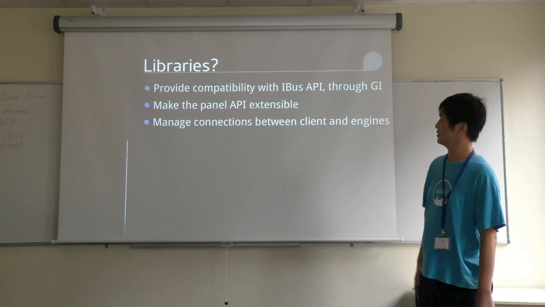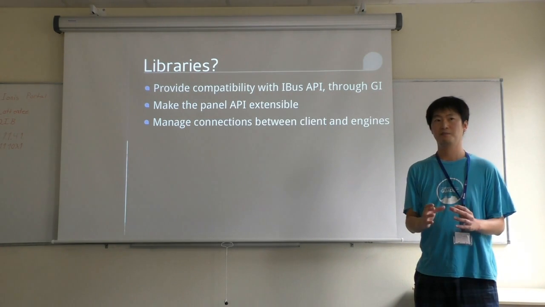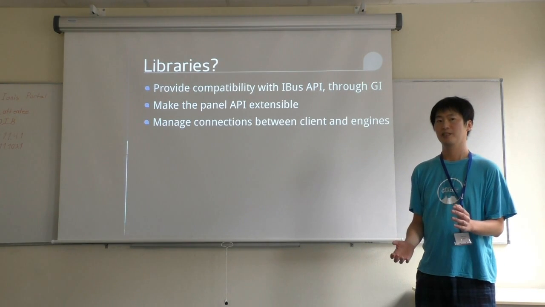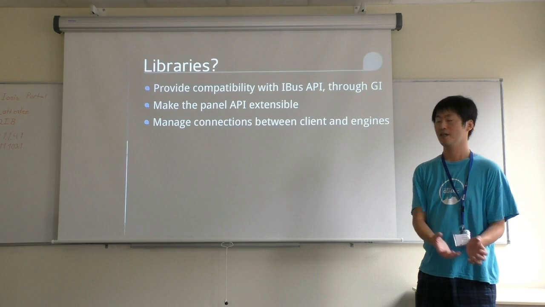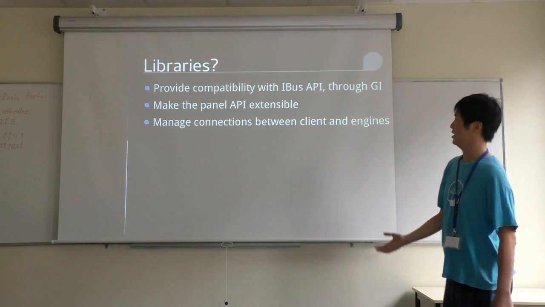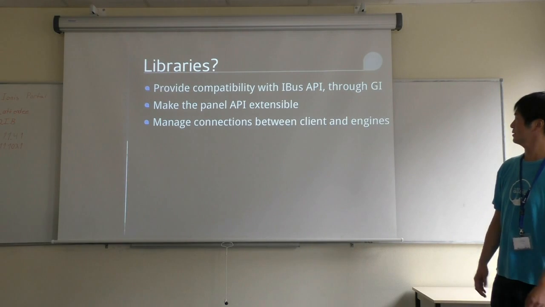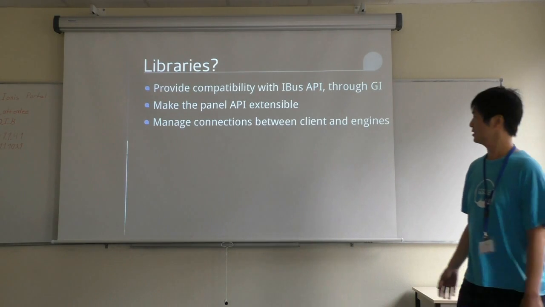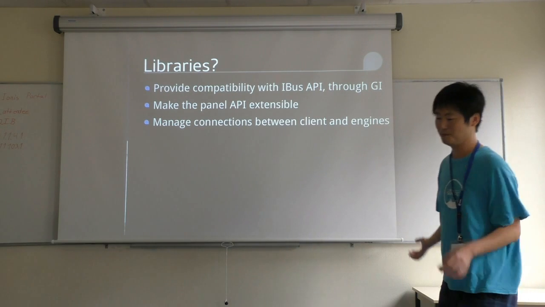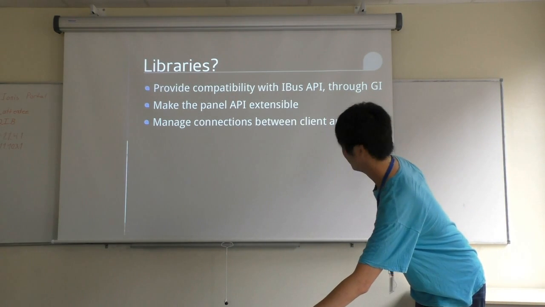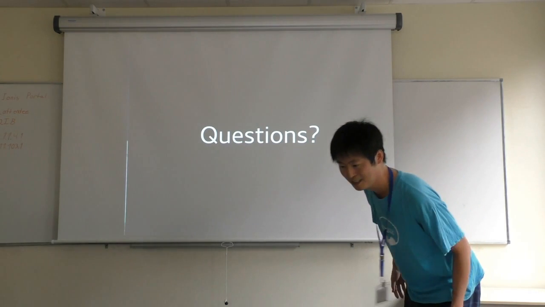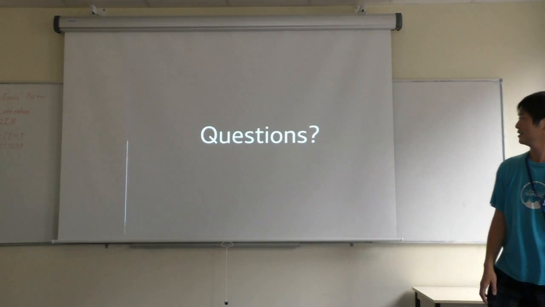Also, the libraries can be strictly versioned, and we can provide some new UI elements as an extension. Finally, we can manage connections between client and engine. So, sorry, that's all. Any questions?